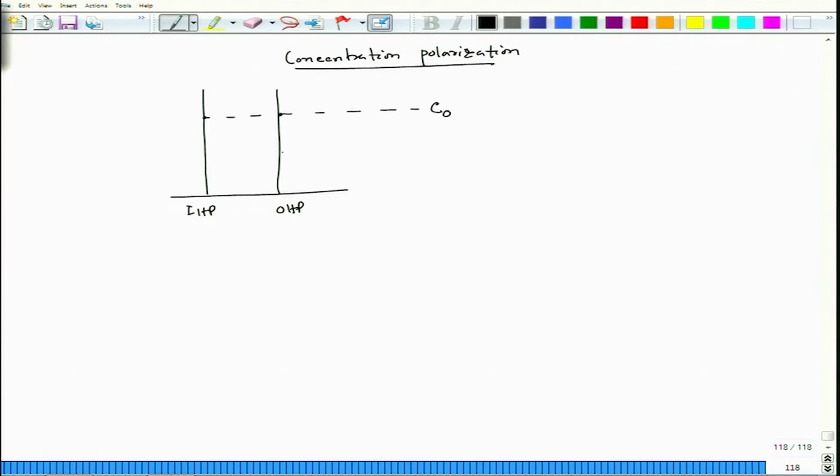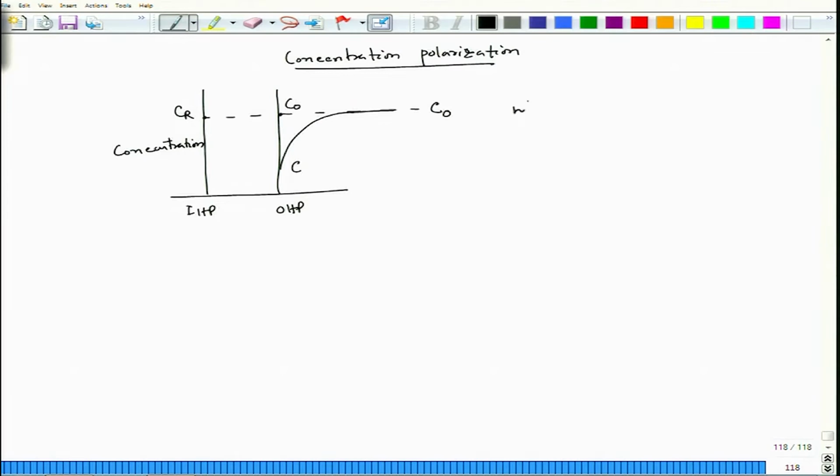So, then there could be a concentration profile. This is the concentration profile, and this axis is concentration. This is CR, this is similar to CO because the bulk concentration I am considering CO, and let us say this concentration is C, which is the interface concentration.